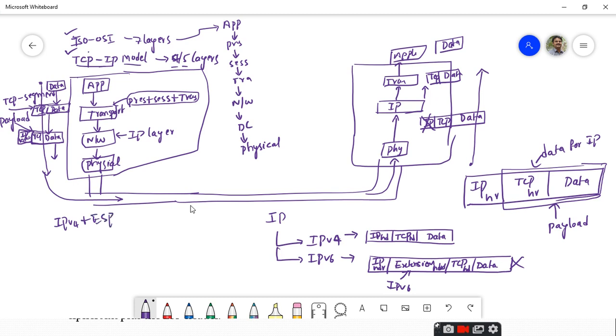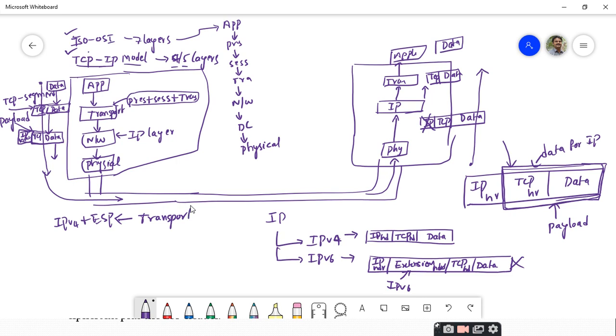So what happens here is, to this normal data, and this is a very important point, it is going to secure the data part of the IP packet. The data part of the IP packet is nothing but the payload. So it is going to provide the encryption security service to this payload only. That is the reason why it is called the transport mode.